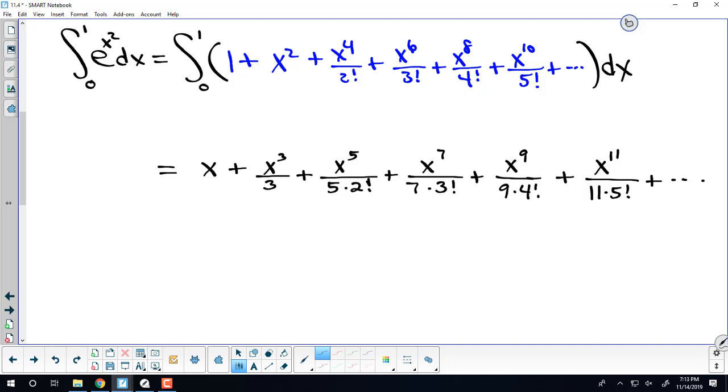So then the question here is like, how many terms do we find the antiderivative of, or how many terms are we actually concerned with? And that really depends on the level of accuracy that you want.